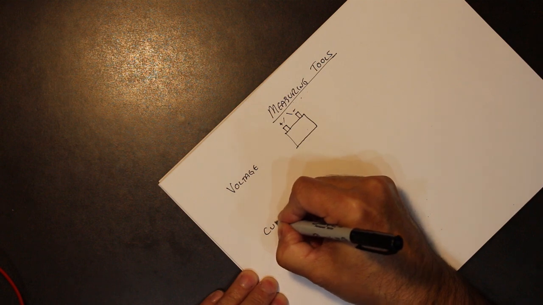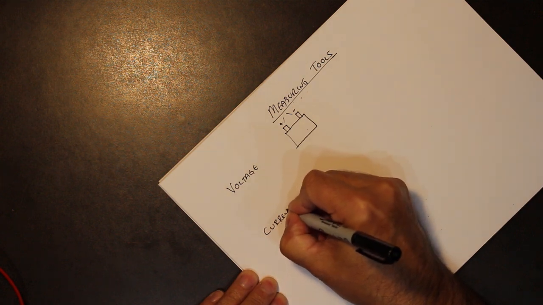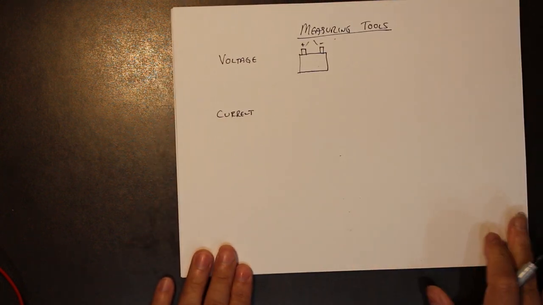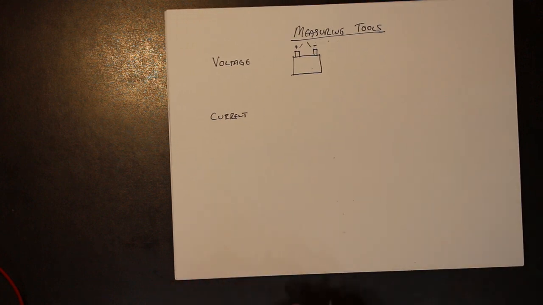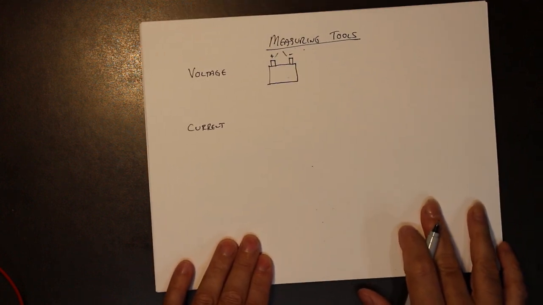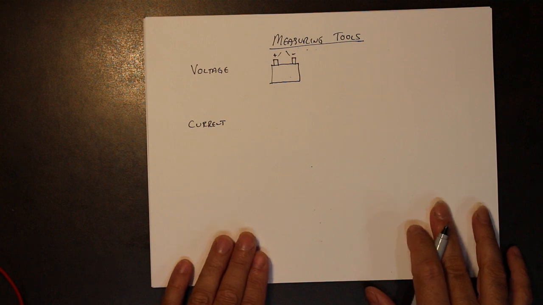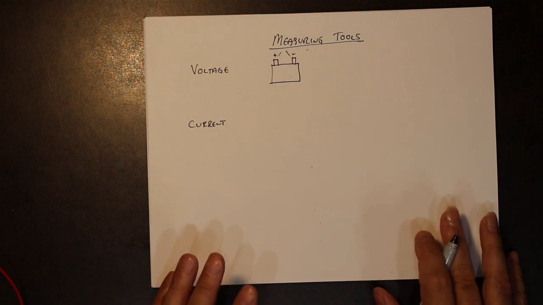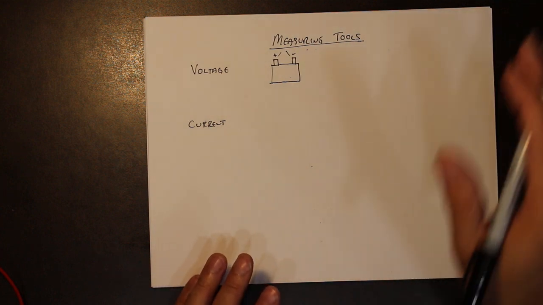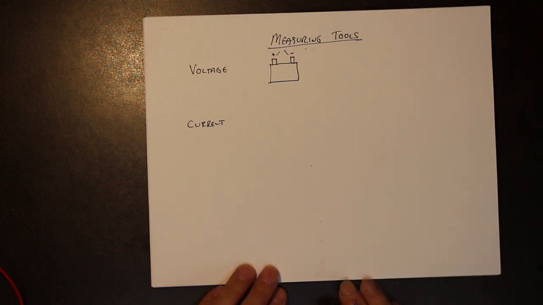The next element is current. Current is basically a measurement or a movement of electrons. As electricity flows through a wire, that is what's known as current.